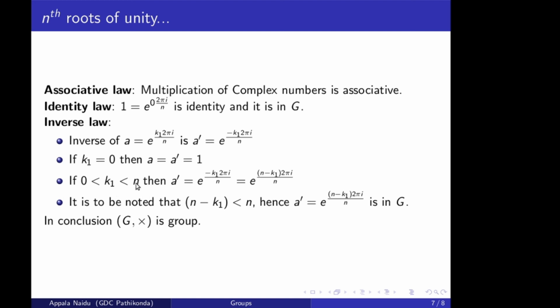Since k1 is positive and less than n, n minus k1 is also positive and less than n. So this in turn will become an element of G. So this a prime is the inverse of a, which is in G. In conclusion, G satisfies inverse law with multiplication, and the inverse element is also in that set.